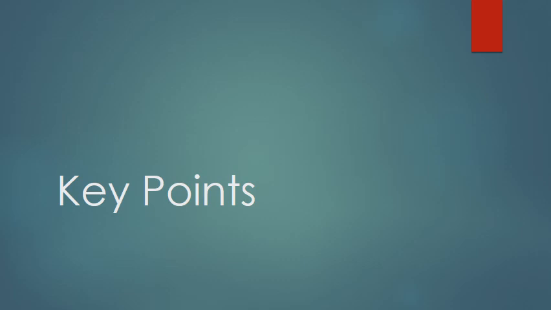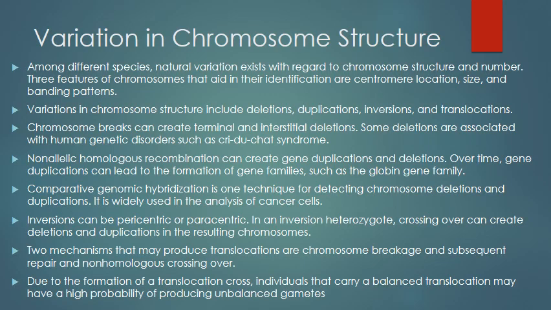Now, very briefly, I am going to summarize. First is the variation in chromosome structure. Among different species, natural variation exists with regard to chromosome structure and number. Three features of chromosomes that aid in their identification are centromere location, size, and banding pattern.